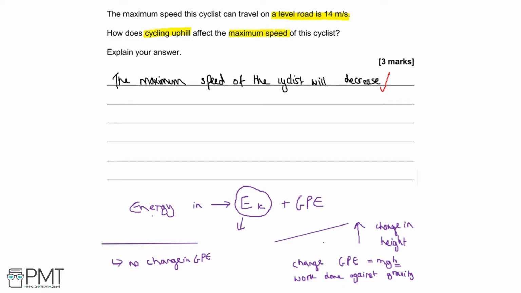Our next two marks then come from explaining why this is the case. So what happens is that our power input is the same. Our power input does not change. However, as work is done against gravity, this means that the maximum speed of the cyclist must decrease.